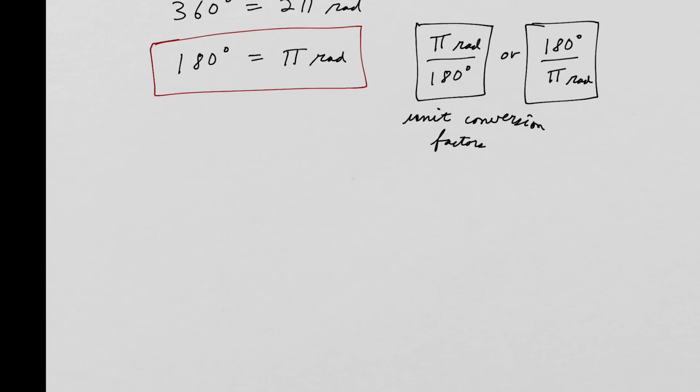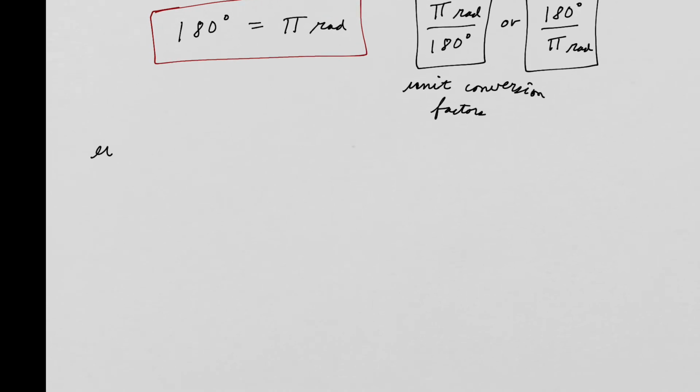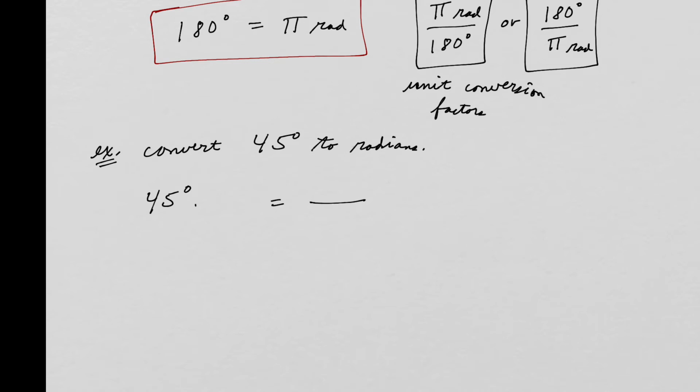So for example, let's say I want to convert 45 degrees to radians. So I start with 45 degrees. I want to get my final answer in radians. Well, to do this conversion, I need to multiply by one of those conversion factors.